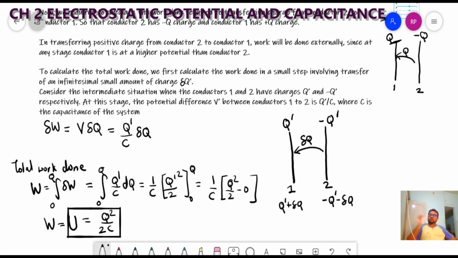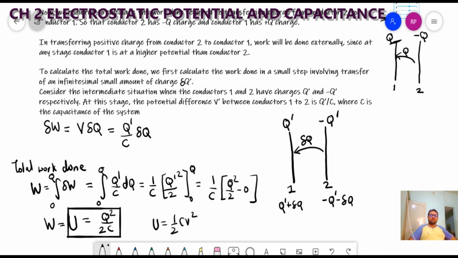Clear? We can also use it in a different form. We know that C equal to q by V, so q equal to CV, right? So in that I can also get U equal to half CV square, right?